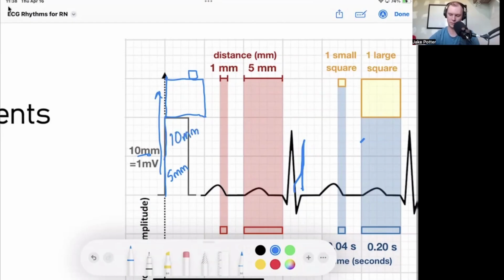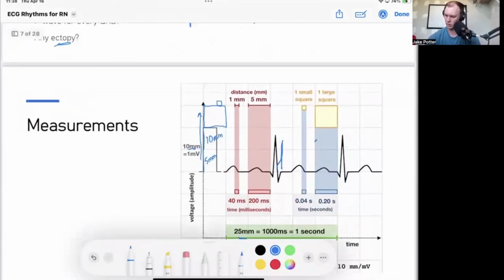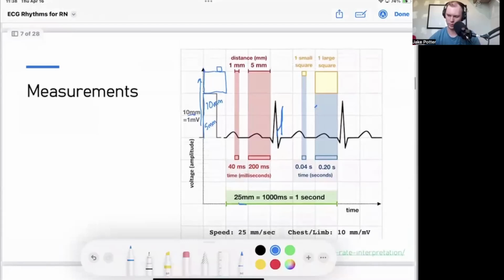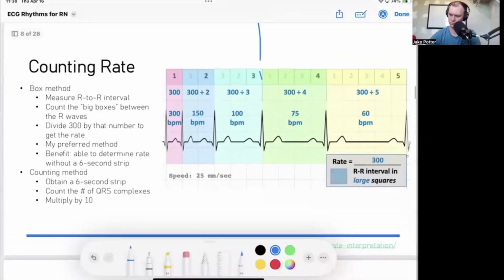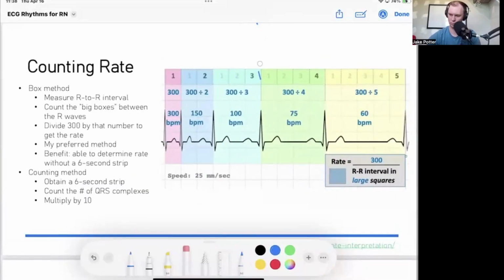You're basically counting, and this really comes into play when you're talking about ST segments, like ST elevation and depression. Not super important, but definitely something to be aware of. Sorry, I keep drawing random lines. I'm not doing this on a good notes app, so I have to use both fingers to scroll and end up drawing random lines, but that's okay.